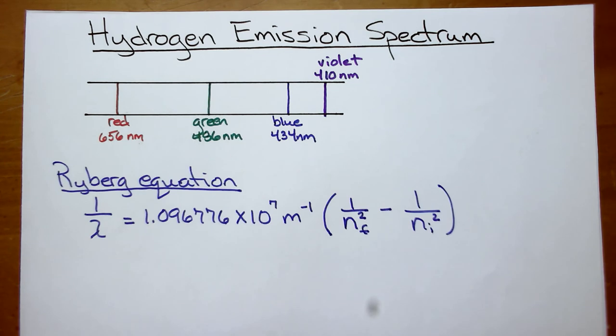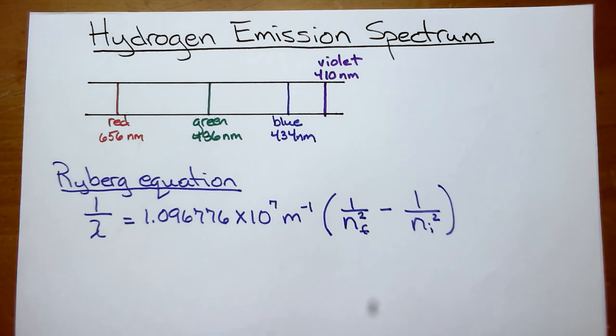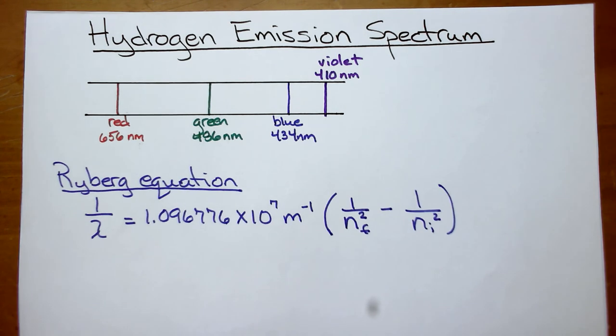So let's just look at violet for a second. Let's say violet, in this case, is an energy drop from energy level 6 to energy level 2 on the hydrogen atom.